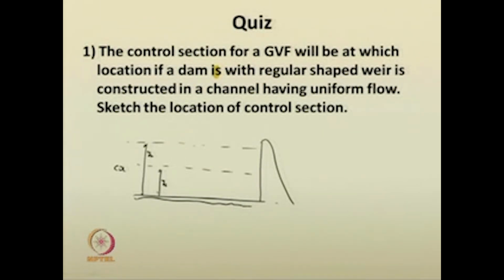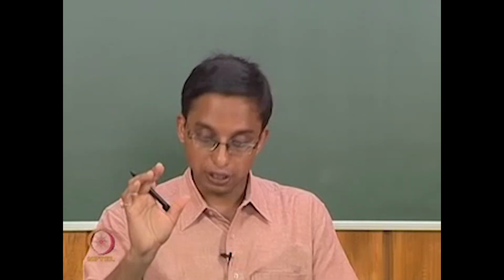In that condition, you will be having an M1 profile like this, and your control section is somewhere here. So, that is just above the top of the spillway, where if you are constructing a weir of a regular shape, then that will give you the control section.